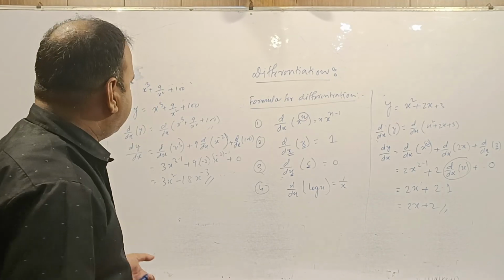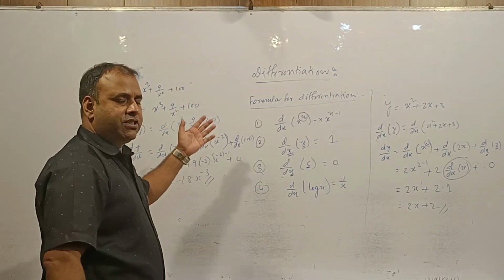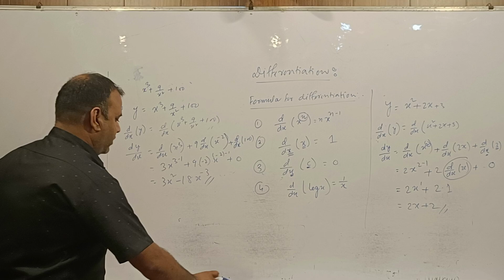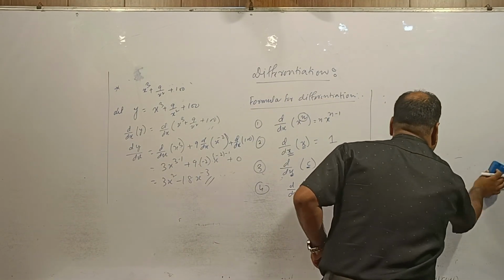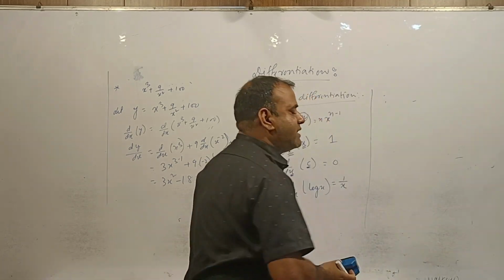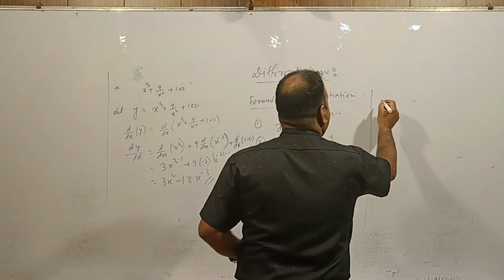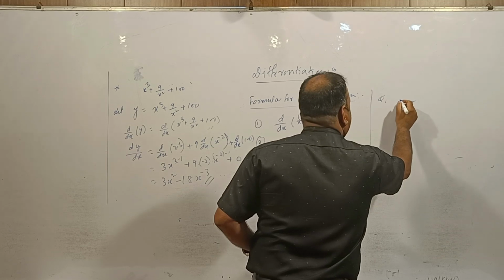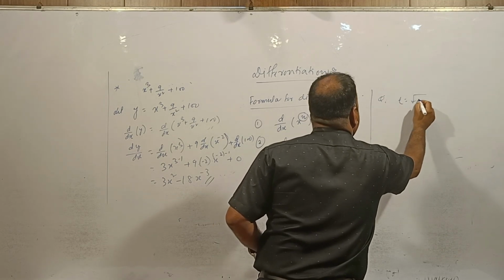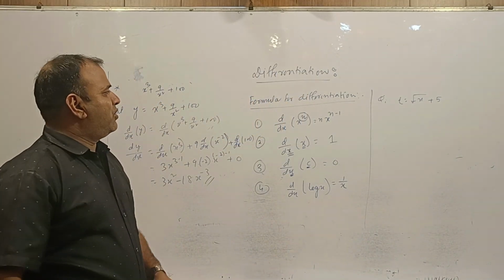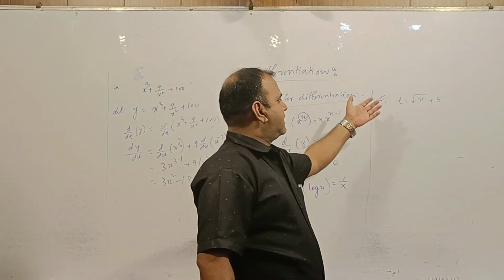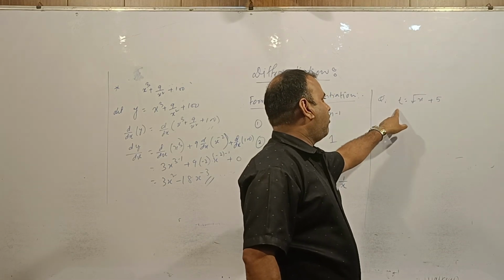So one more thing I am discussing, this is also related to CEE exam questions. So you can see the question, question number 3. Suppose t is equal to root x plus 5 is given to you. There is no mention of any x, y here, given only t.